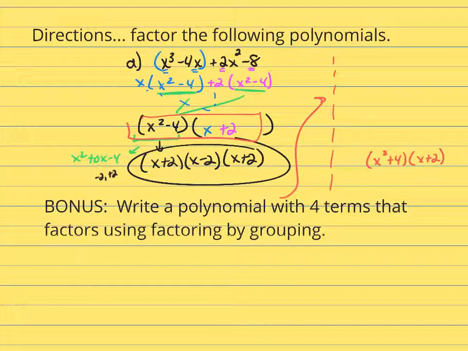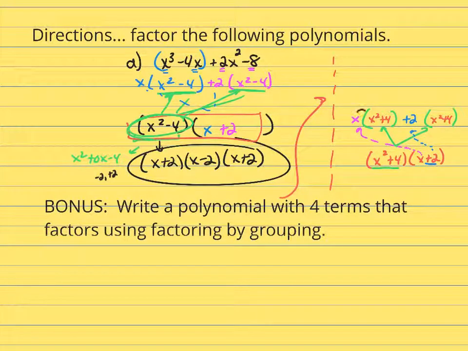Now, from factor by grouping, what we know is that one of those parentheses was the common parenthesis, right? That's what we saw here. This x squared minus 4 was the common parenthesis. So I'm just going to put that x squared plus 4 in my version as the common parenthesis. And then going backwards, what we saw was that one of those numbers was the GCF in front of this group, and the other number was the GCF in front of this group.